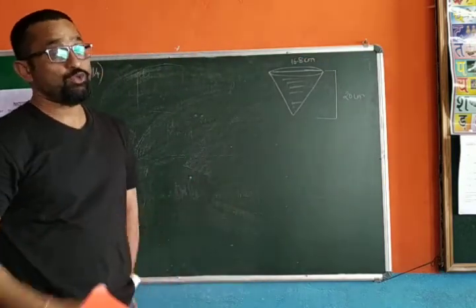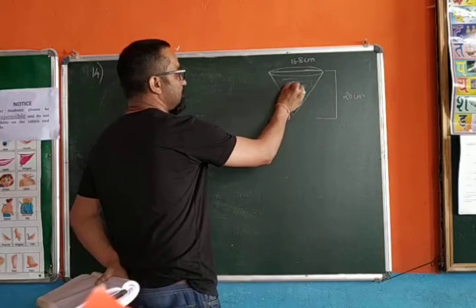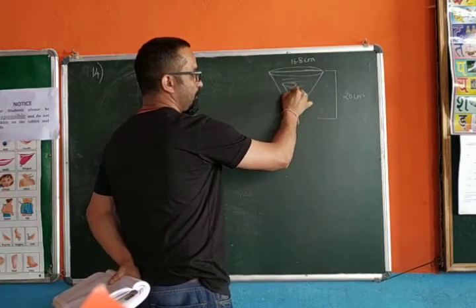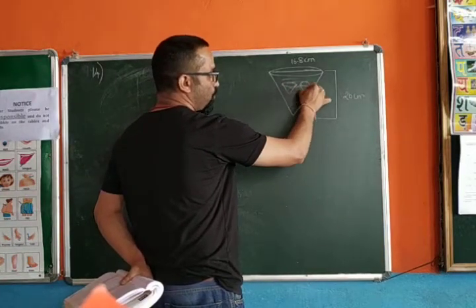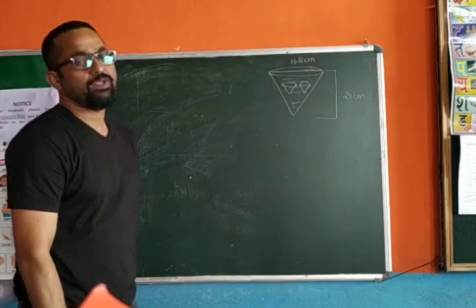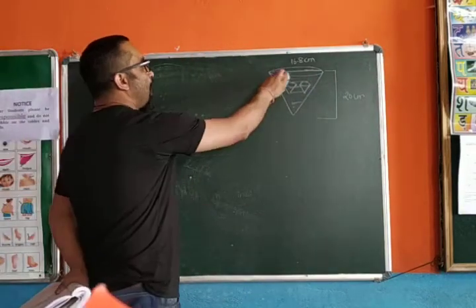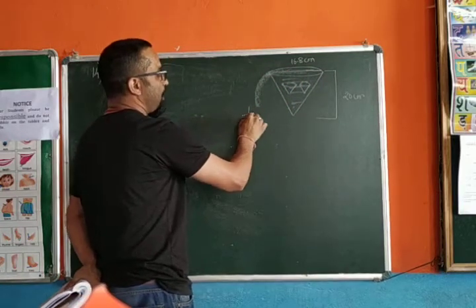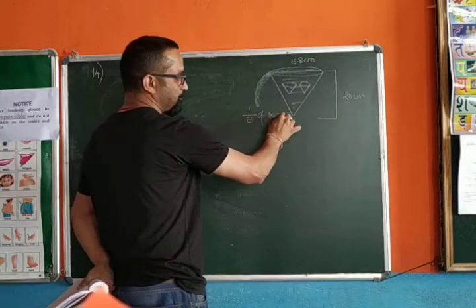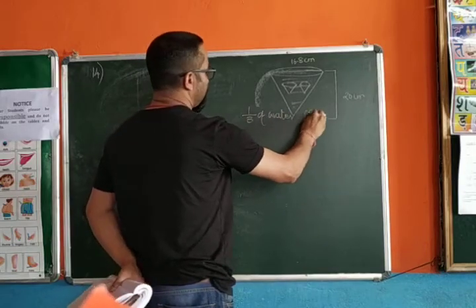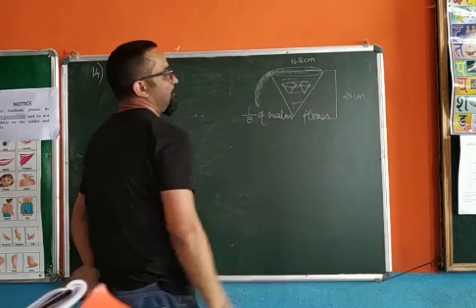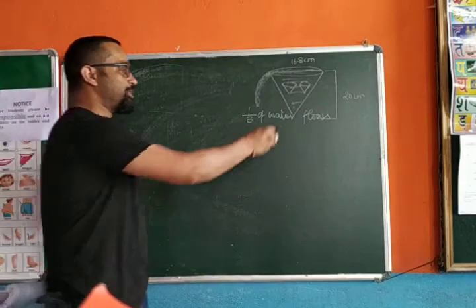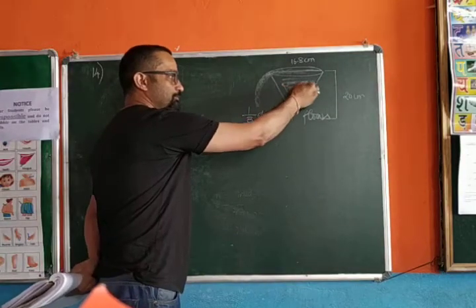Question says that two equal solid cones are submerged. As a result, 1/3 of water from the vessel flows out. Find the volume of each cone submerged.